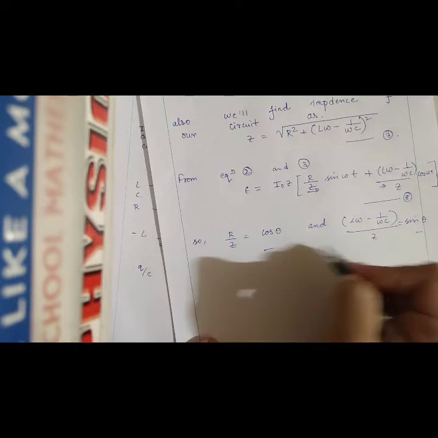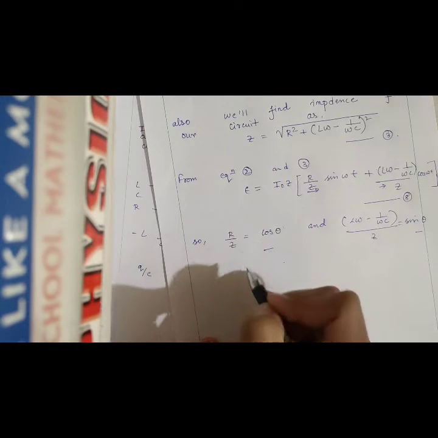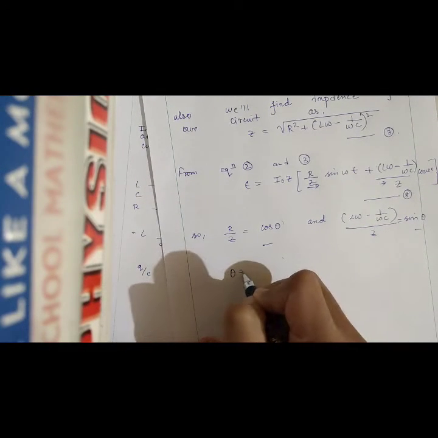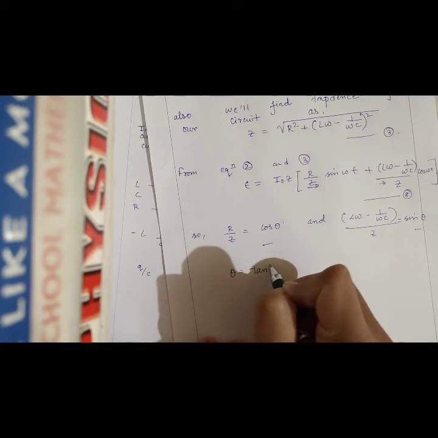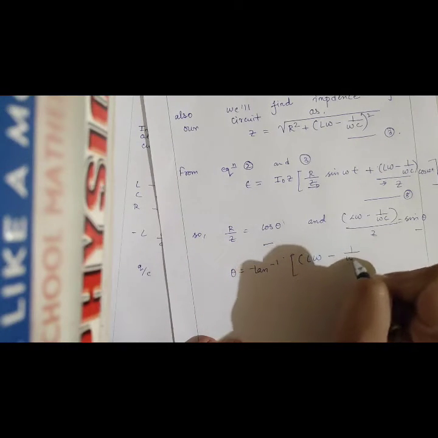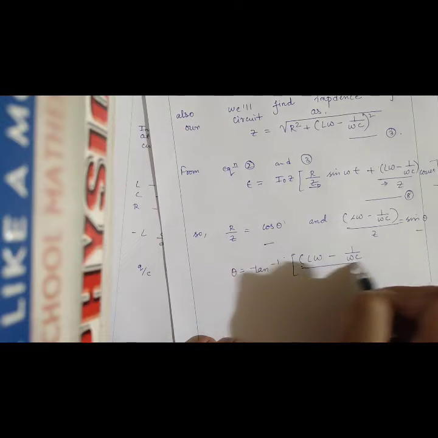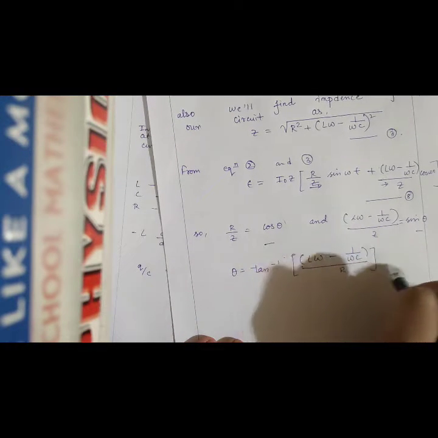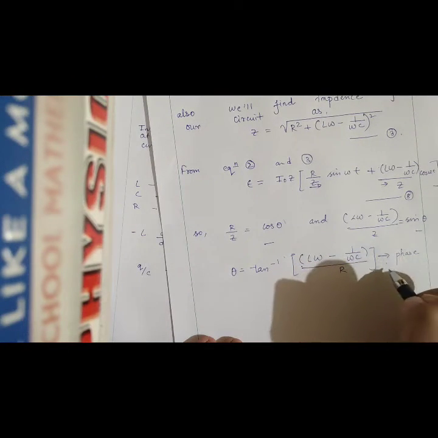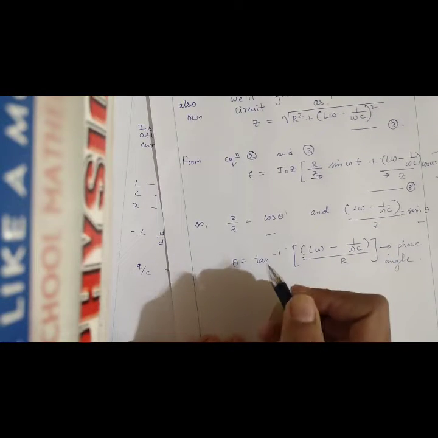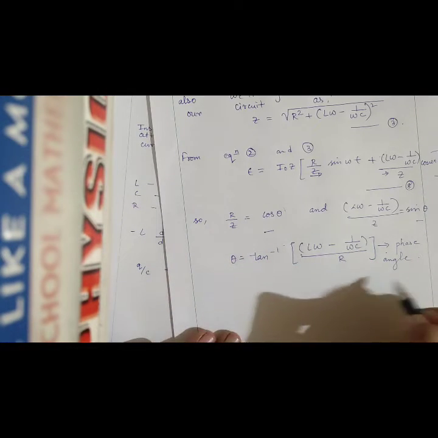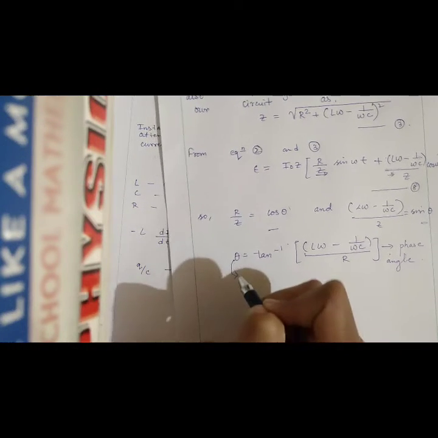We will find, after substituting the value of R by Z equals cos theta and this value in equation number 8, theta equals tan inverse of (L omega minus 1 by omega C) over R. This is our phase angle, and this is exactly our second aim to find.